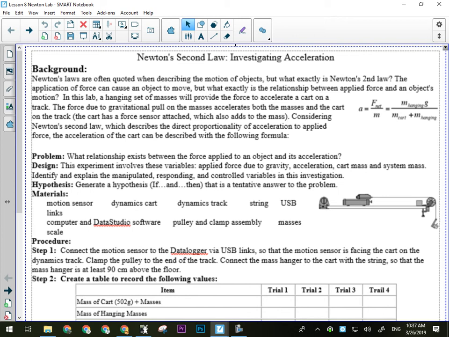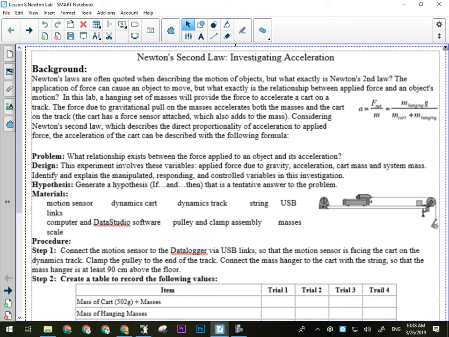But the cart's part of what? A system. So what other thing could change the acceleration of the system if I change it? The mass. So I need to make sure that the mass of the system stays the same throughout all the trials. Otherwise, a change in mass is going to cause a change in acceleration. Agreed?